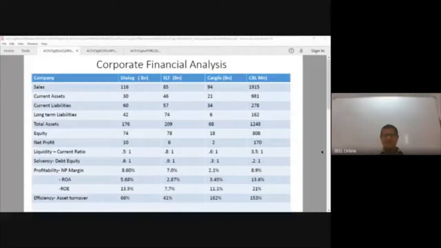So this is the top line, because in order to calculate various ratios, we need sales.